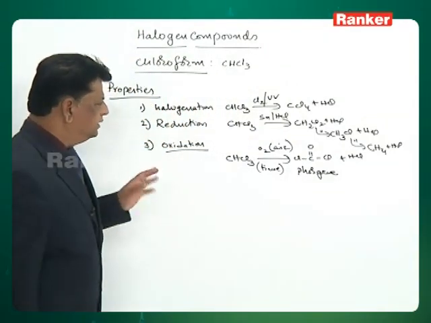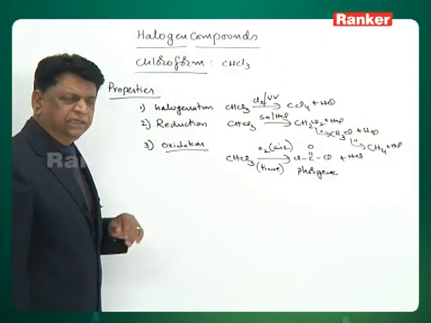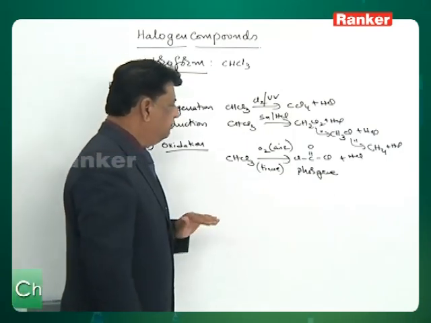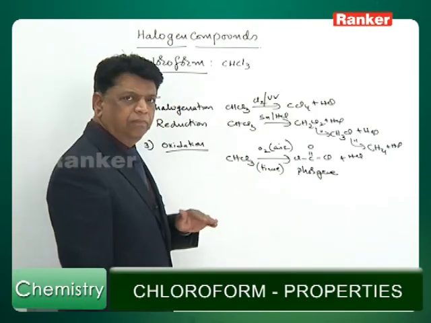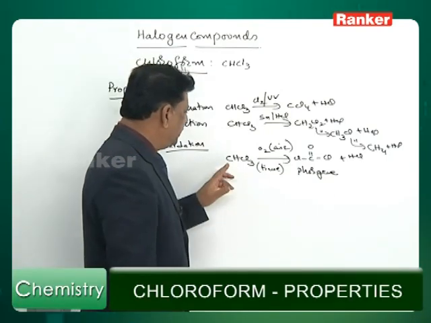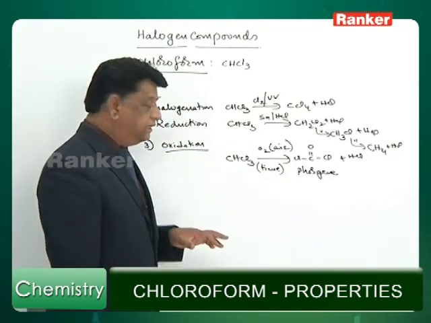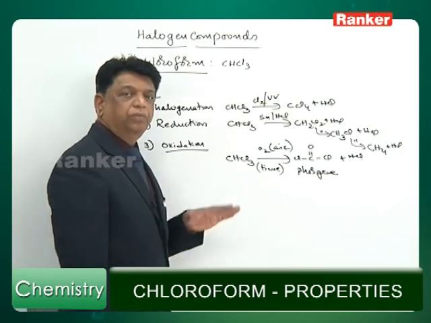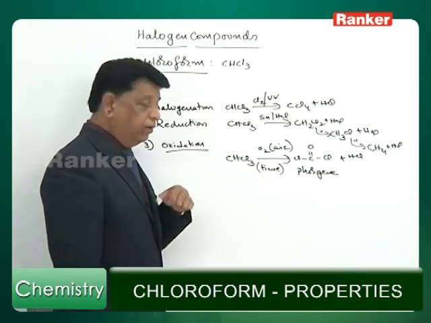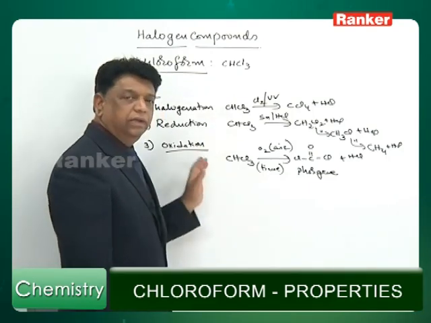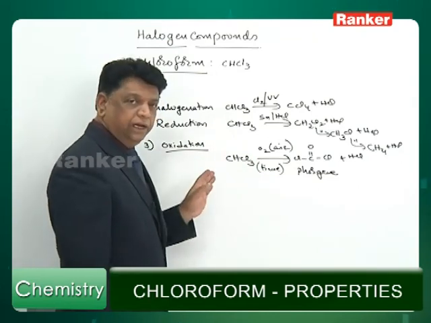As such, the chemical part of this reaction is not that important, but from the medicinal point of view, chloroform is an anesthetic agent. In the hospitals, we use this chloroform on the patient, and it's a general anesthetic, unlike the local.